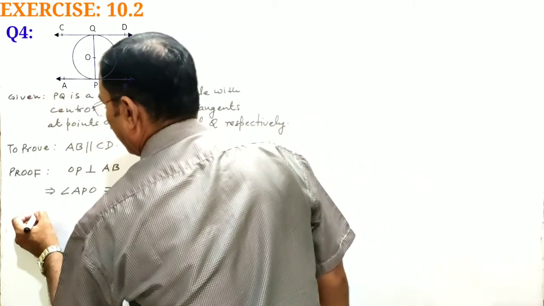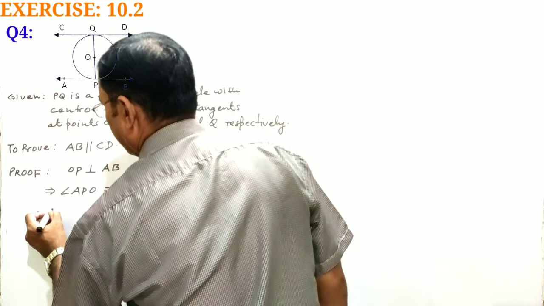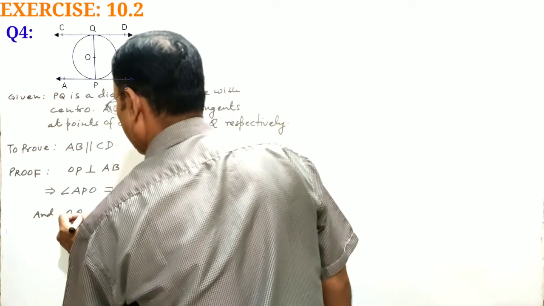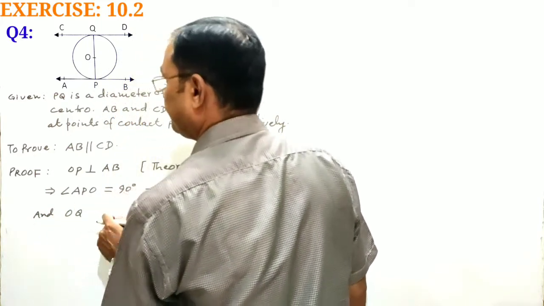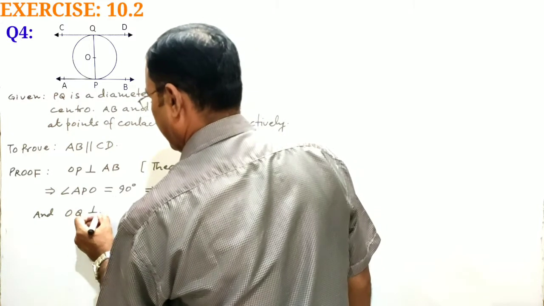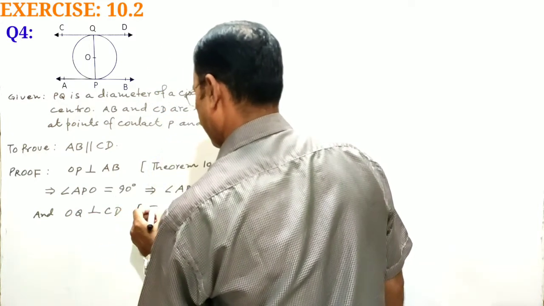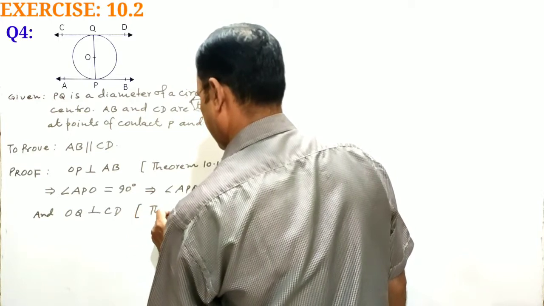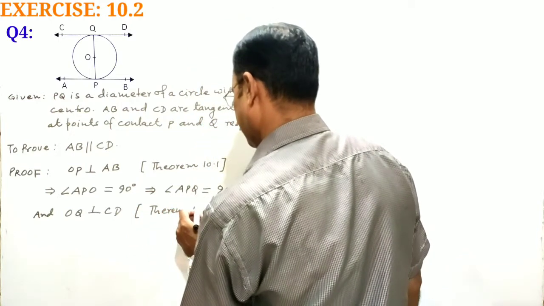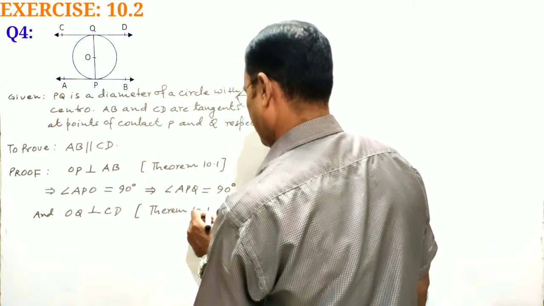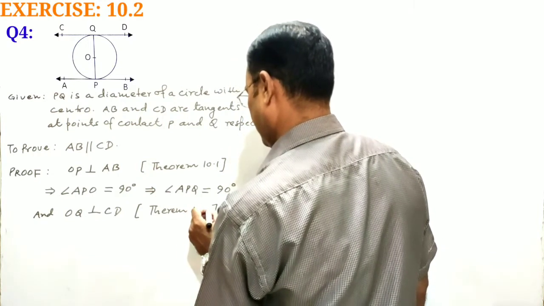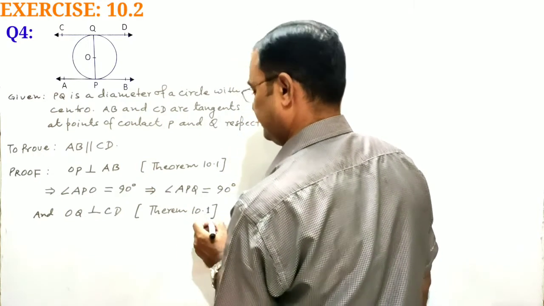Also, OQ is perpendicular to tangent CD as radius is perpendicular to the tangent through the point of contact.